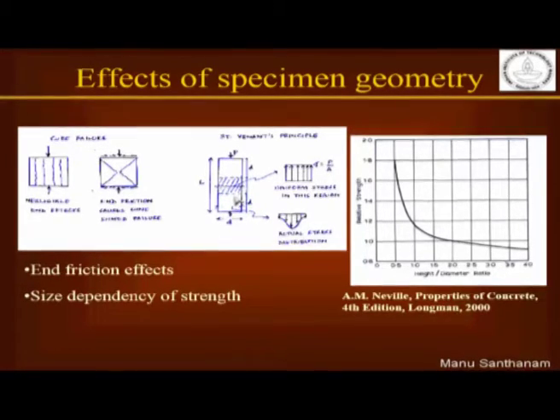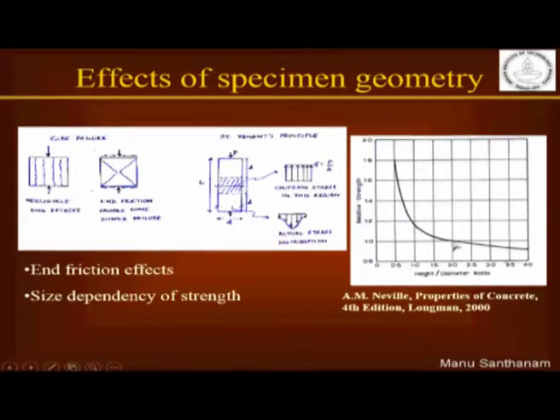Now I am sure you will understand that when you increase the L by D greater than 2, what will happen is you have a greater zone now which is subjected to compression, so strength is going to actually reduce. As you see in this diagram here, produced from a book by Adam Neville, which I suggested in the last class was a very useful book to buy. So you have the strength plotted against the length to diameter ratio.